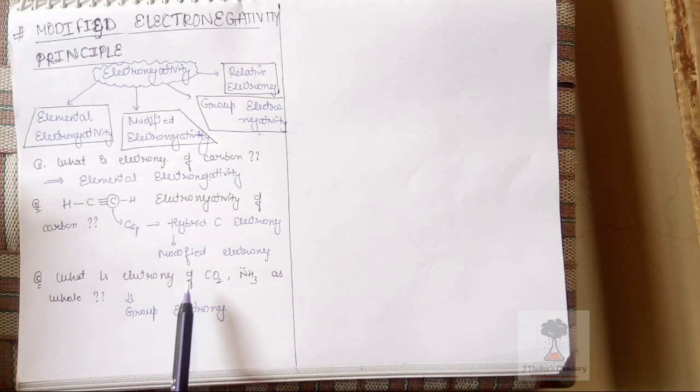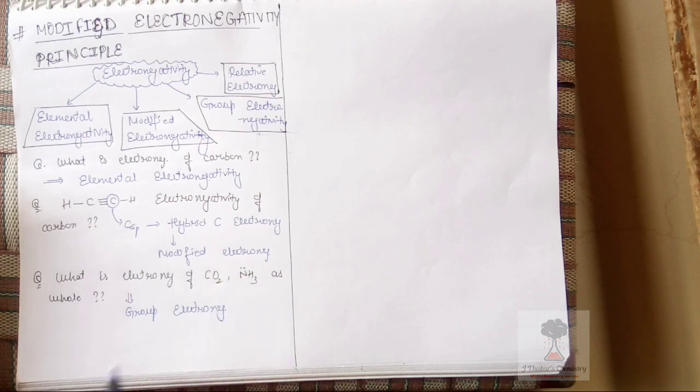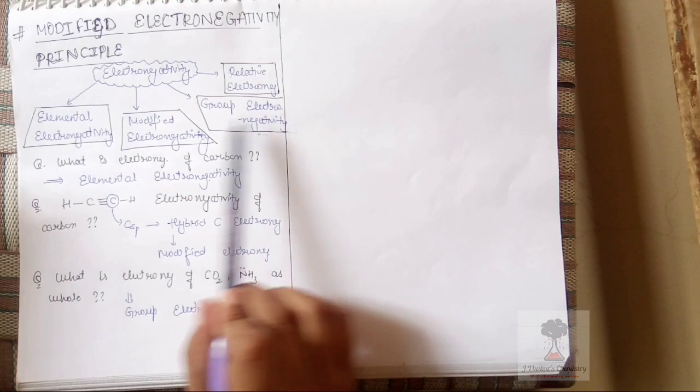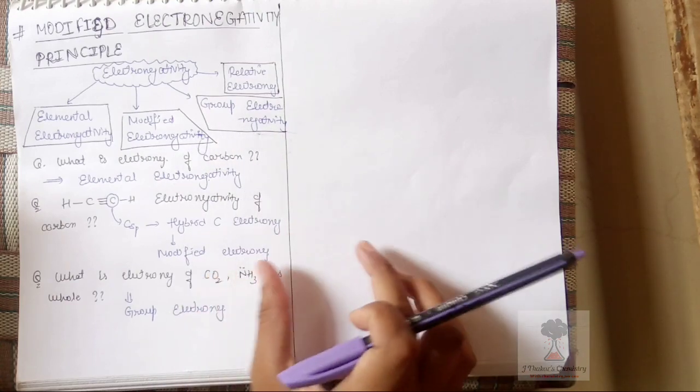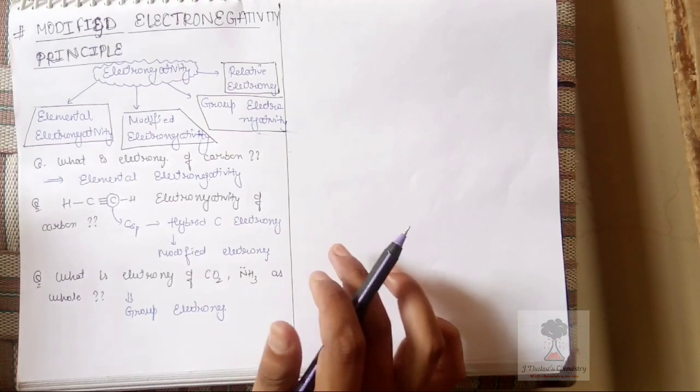If we ask what is the electronegativity of CO2 and ammonia as a whole, we are asking about the group electronegativity of these molecules. And the fourth one, relative electronegativity, is simply the comparison of the electronegativity of different elements, molecules, etc.